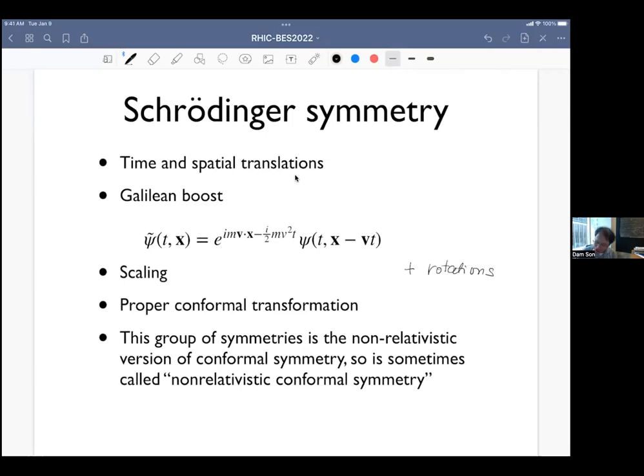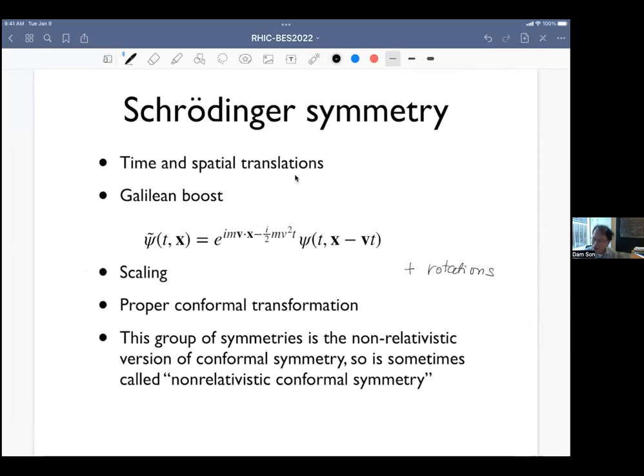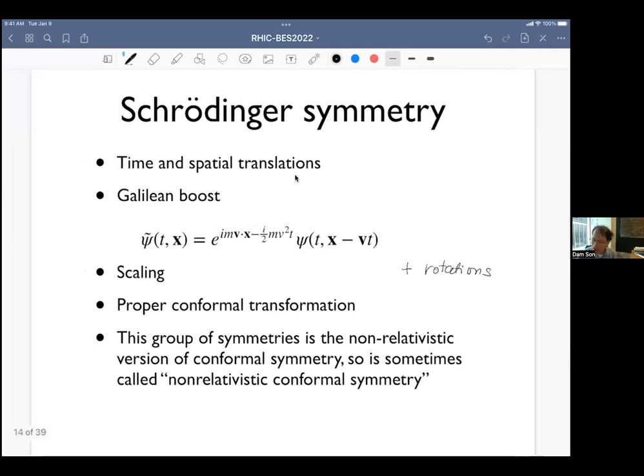This group is sometimes also called non-relativistic conformal symmetry, since it seems to be the largest group of symmetry that is available in non-relativistic physics.